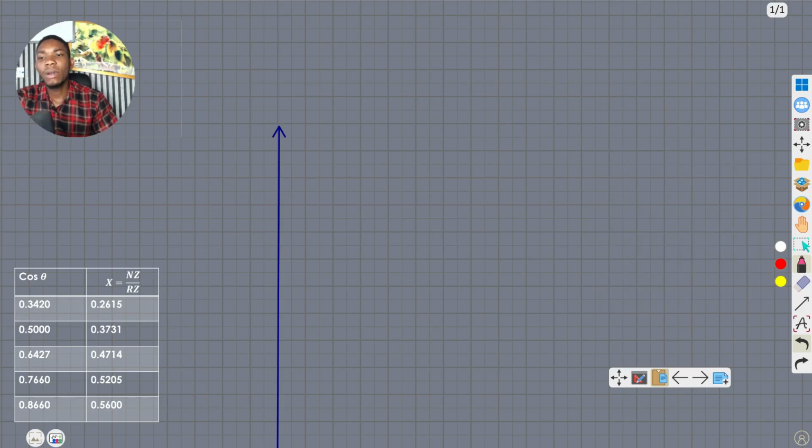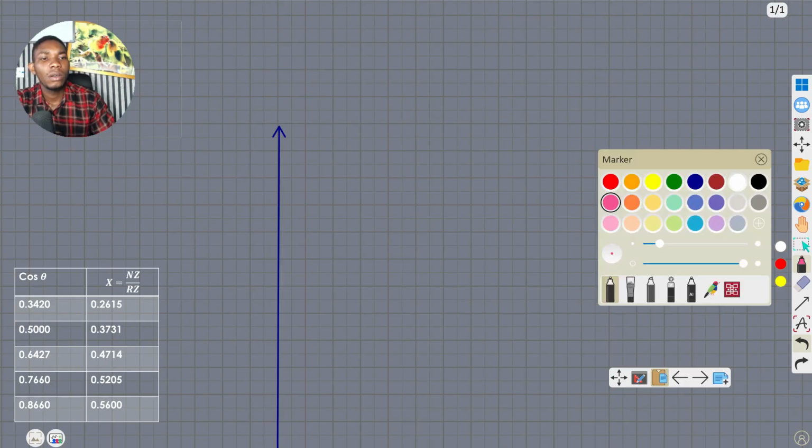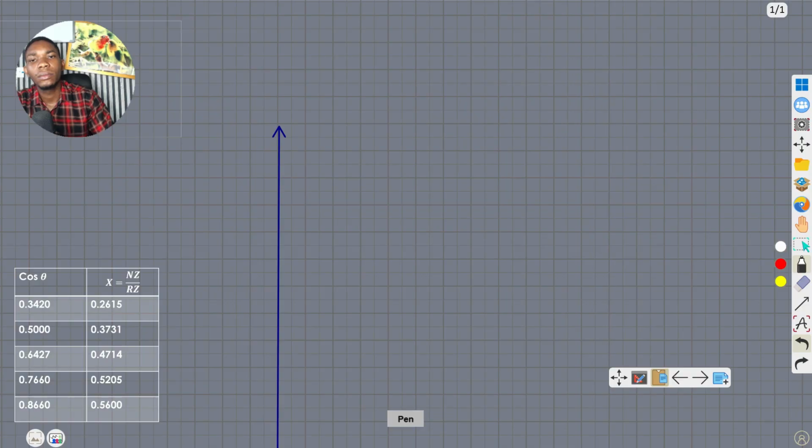let's look at the values you have on cos theta: 0.3, 0.5, 0.6, 0.7, 0.8. Okay, the pen is too big. We can say let 0.1, or let 1 centimeter, or you can use 2 centimeter.